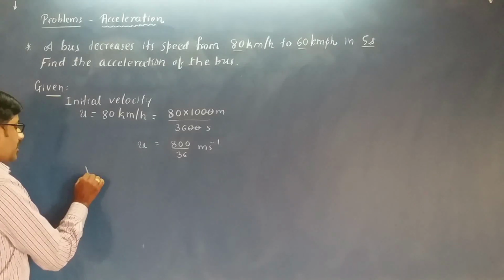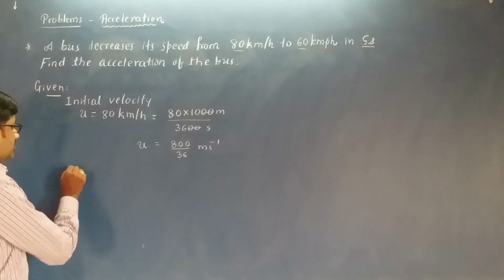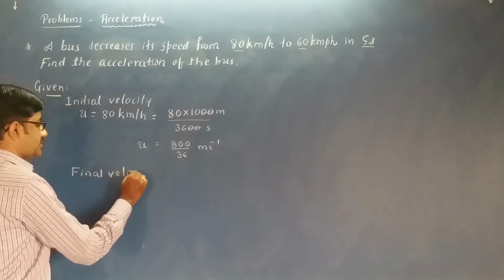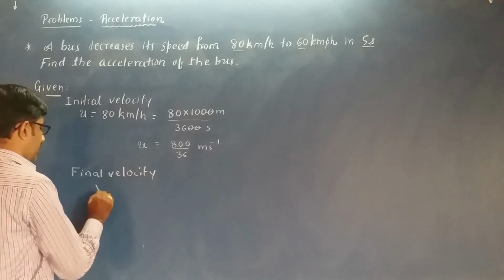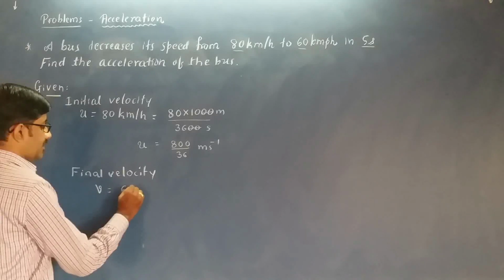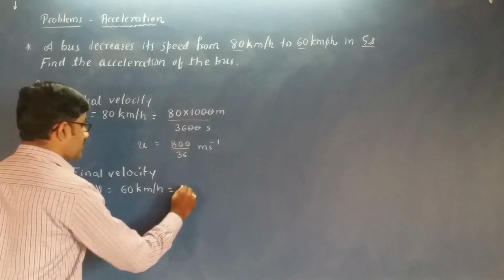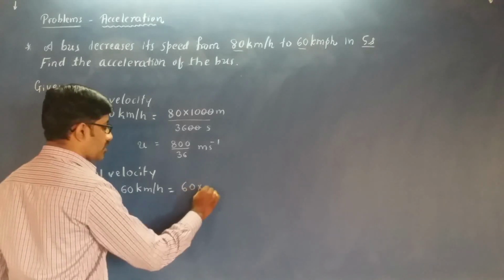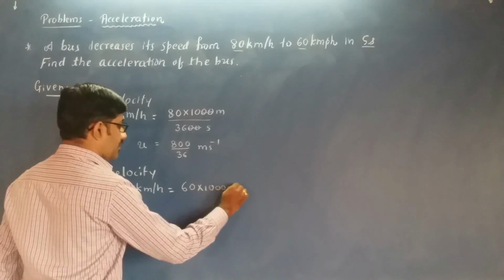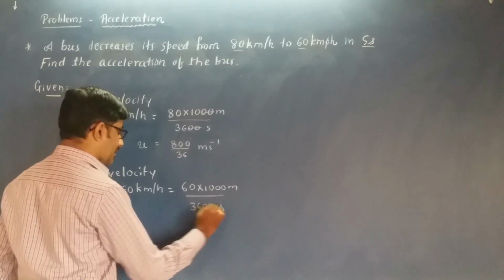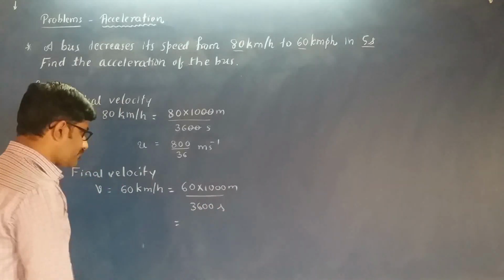Then v, the final velocity, is equal to 60 kilometer per hour, and hence 60 into 1000 meter divided by 3600 seconds.